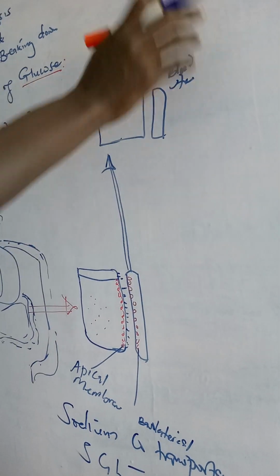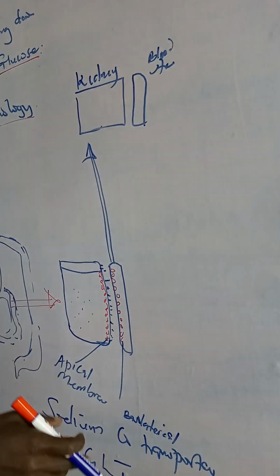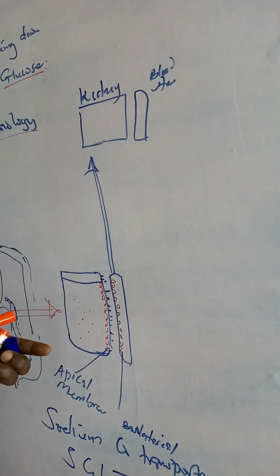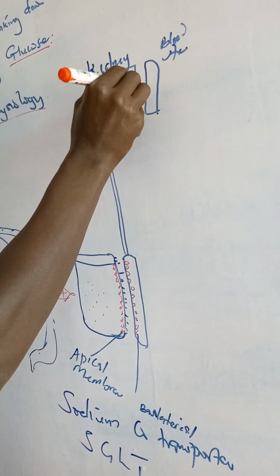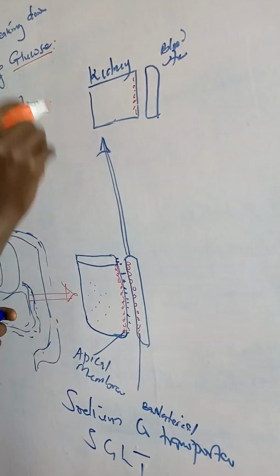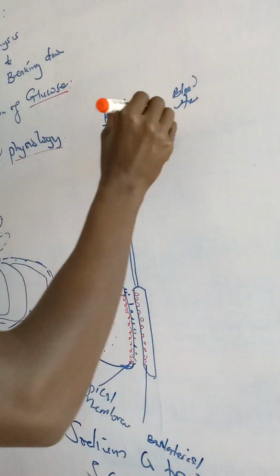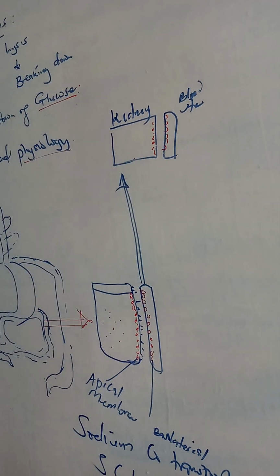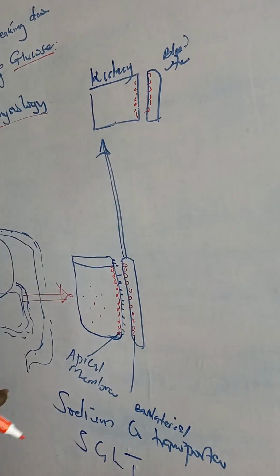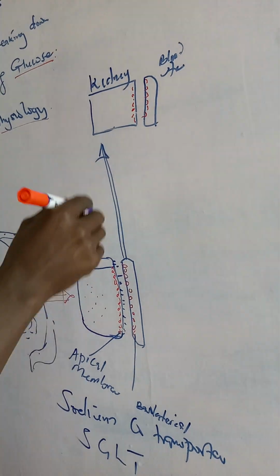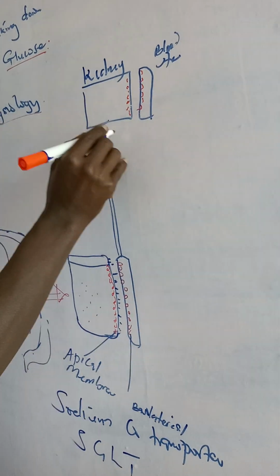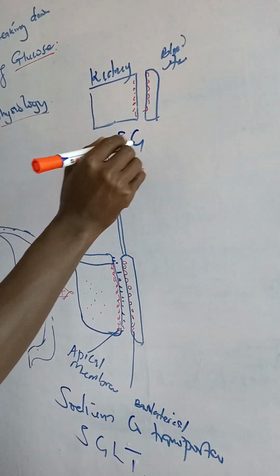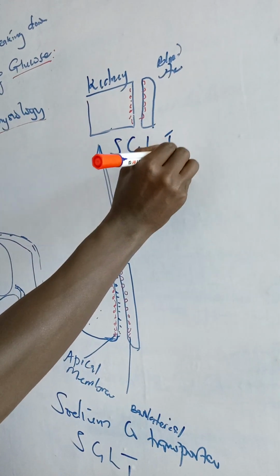Once it's reabsorbed, it will still follow the membranes around the renal tubules, then enter through the basolateral membranes into the bloodstream. For this, we use sodium glucose linked transporter 2.